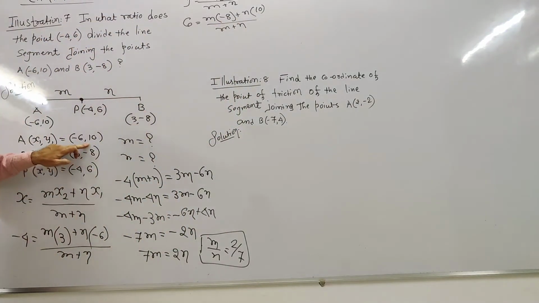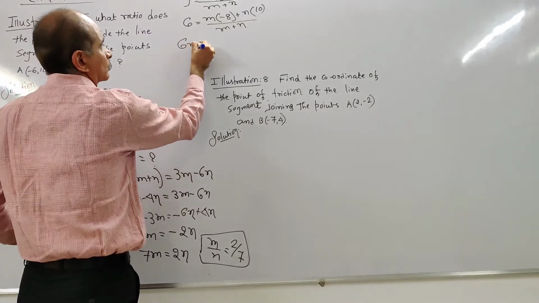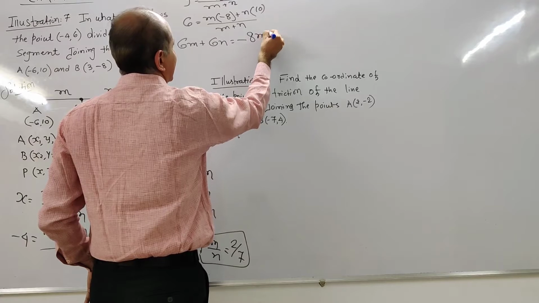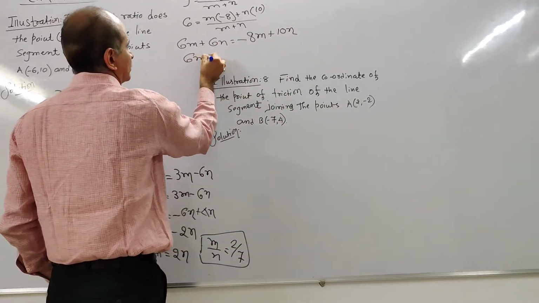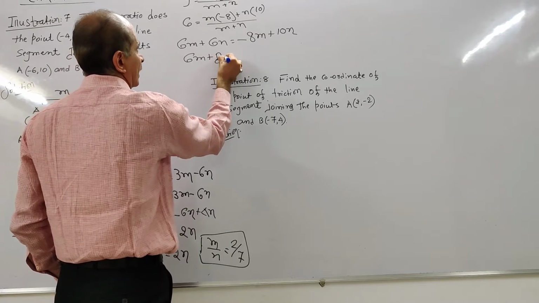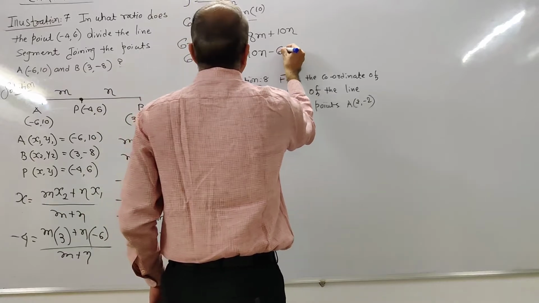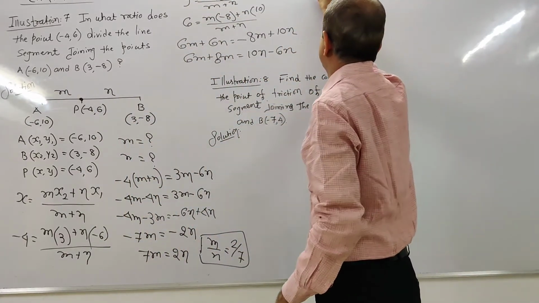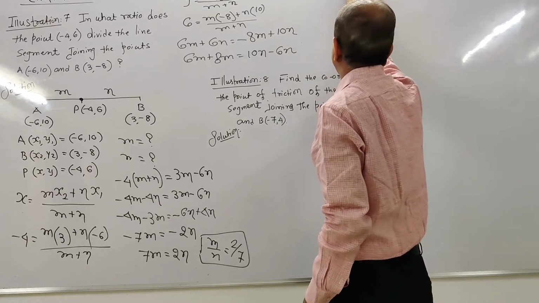Same procedure for x as well as y. So 6m plus 6n is equal to -8m plus 10n. So 6m plus 8m is equal to 10n minus 6n. So 6 plus 8 means 14m is equal to 10 minus 6 means 4n.